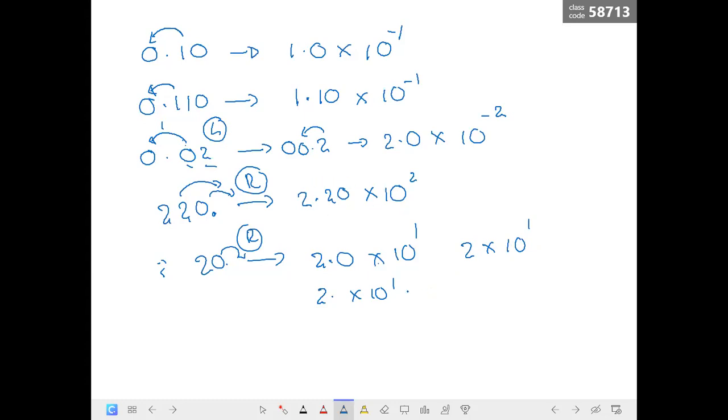Then we have to write like this: 2 as the whole part, fractional part we don't have, so therefore decimal point is here. We have to write the 0. 0 represents that we don't have any fractional digits. Times 10 to power 1.